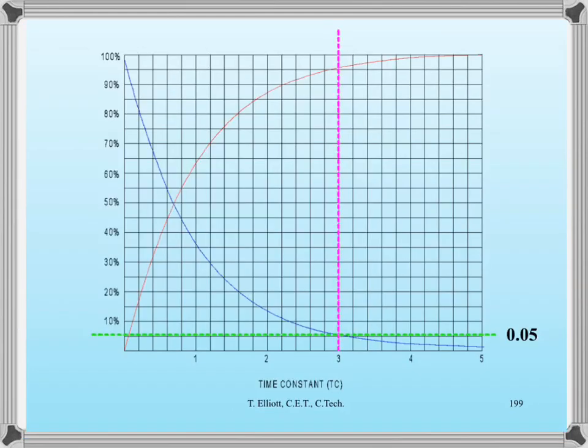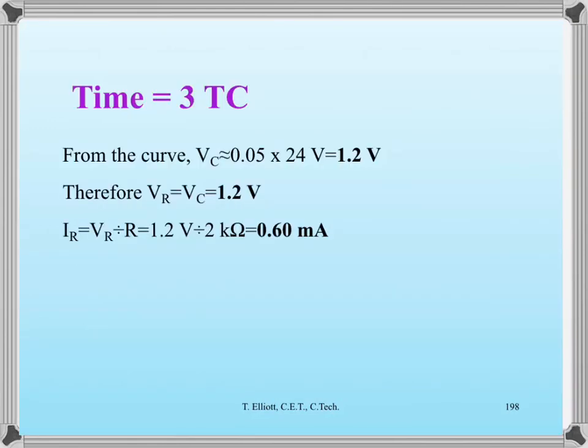Three time constants. Okay, so we're down here. We're there on the graph. So that's about 0.05, about 5% of the 24, just the 1.2. Again, VR is 1.2. The current is 0.6.